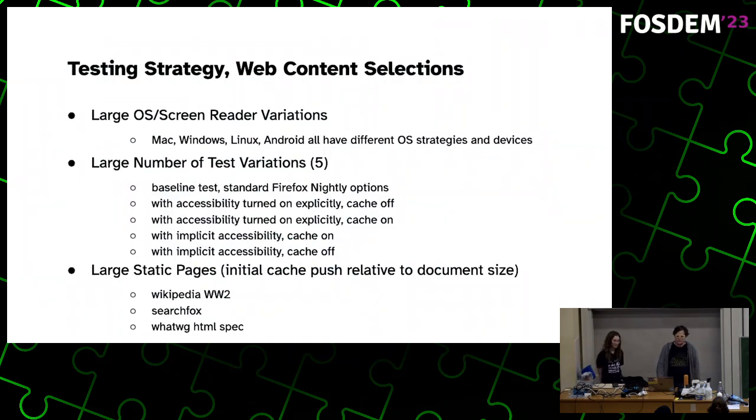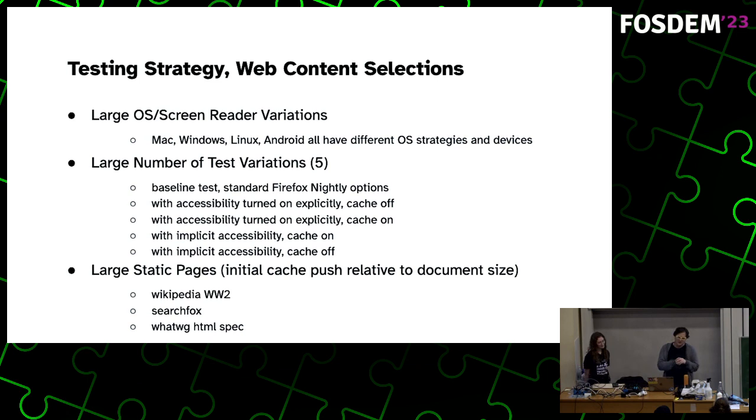The second thing we had to do is really come up with how do we test accessibility, and what's going on here? There's just a whole bunch of different screen readers, and they're all different, and each OS has a different strategy for dealing with this. So we have a huge complex testing matrix here.